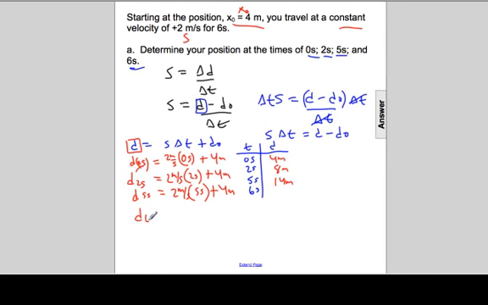The distance traveled at 6 seconds will be 2 meters per second times 6 seconds, plus 4 meters, our starting location. 2 times 6 is 12, plus 4 is 16 meters. So this gives us our positions at various points in time.